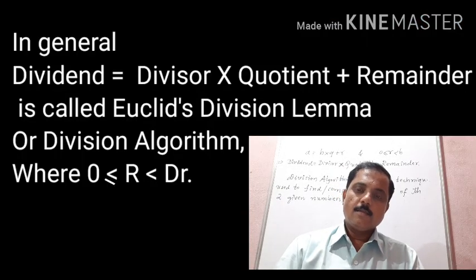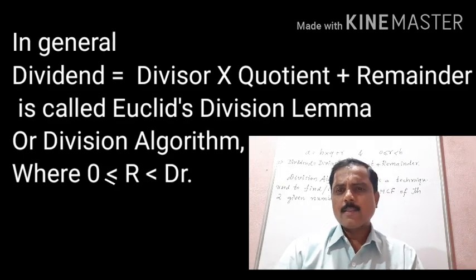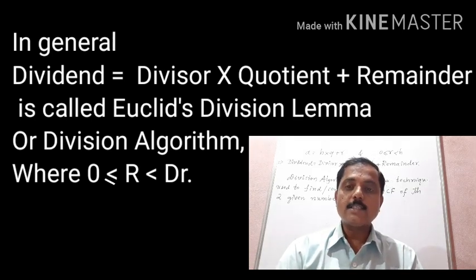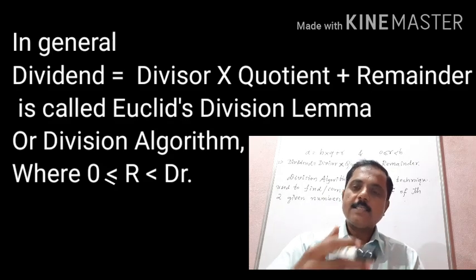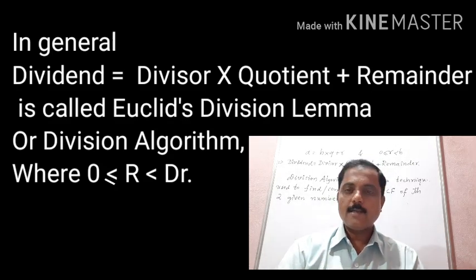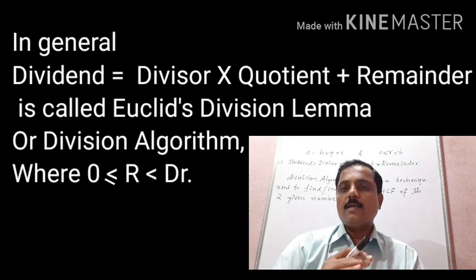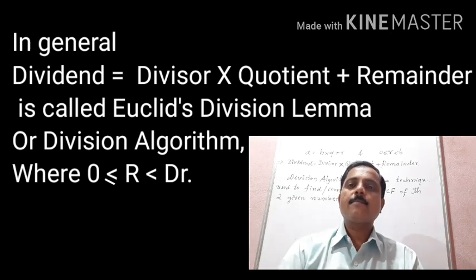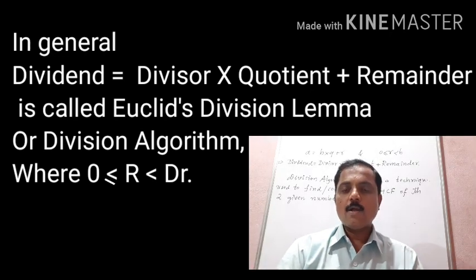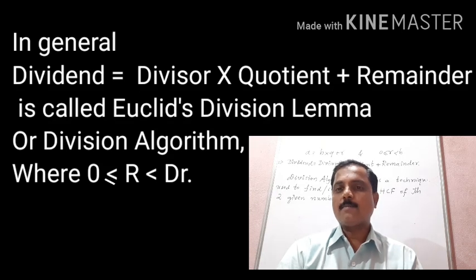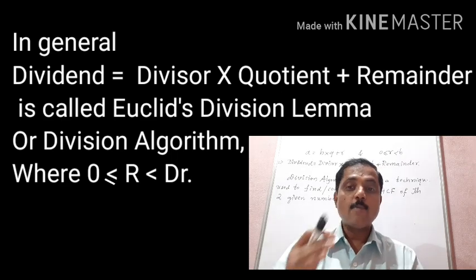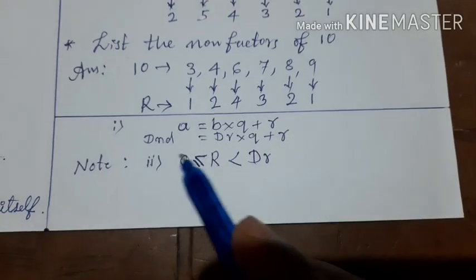See here, children. Division lemma is also called Euclid's division lemma, and division algorithm is also called Euclid's division algorithm. But in detail, we will study about it later. But in general, dividend is equal to divisor into quotient plus remainder is called division lemma or division algorithm, where the remainder is greater than or equal to 0 but always less than the divisor.